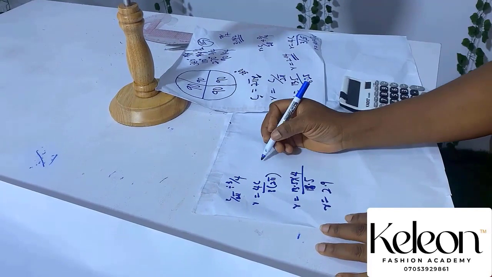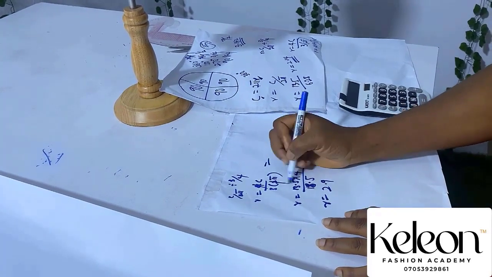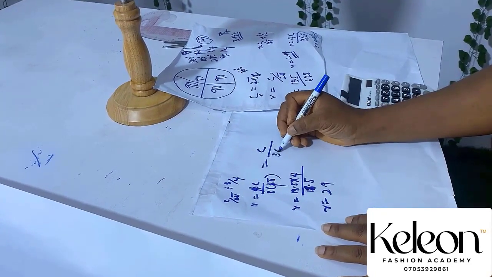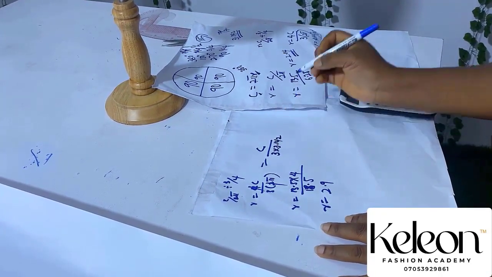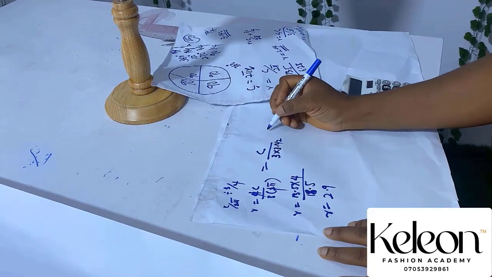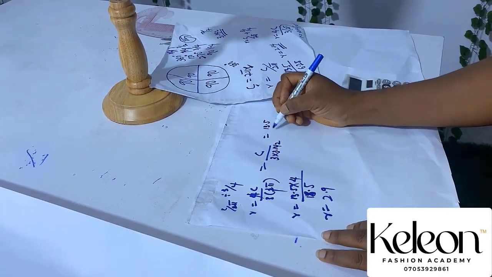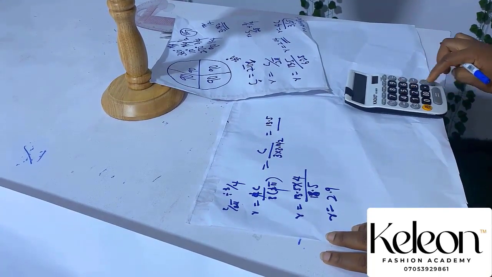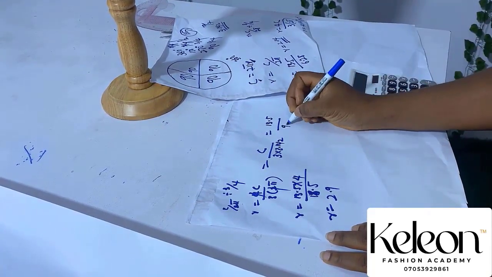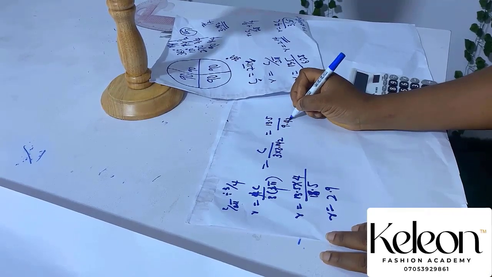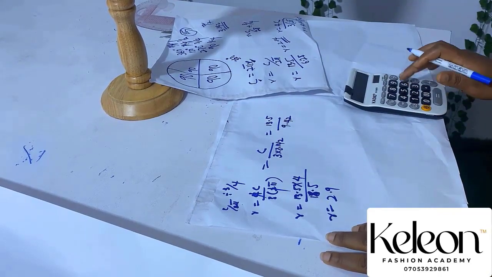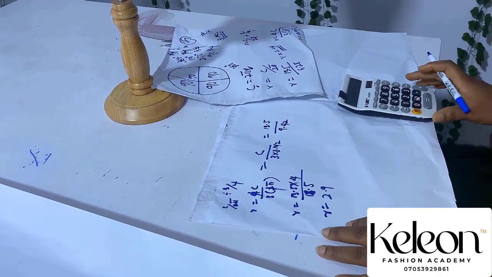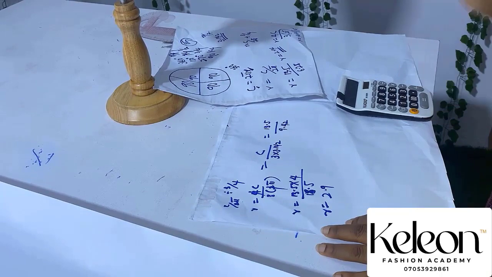Or if you want, from this point you can cancel out and you have that your C is times 3.142, which will give you 13.5 over 3 times 3.142 equal to 9.42. So 13.5 divided by 9.42, sorry, there's an error.